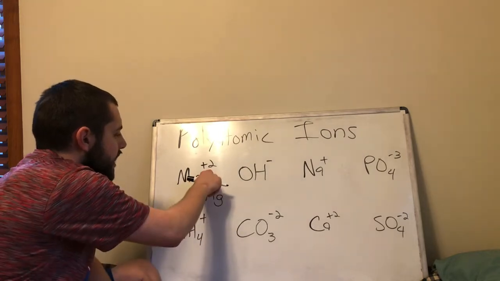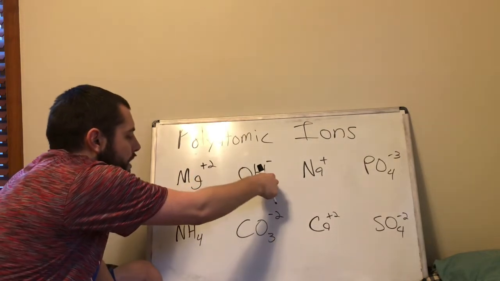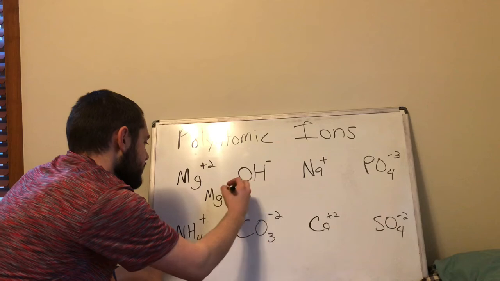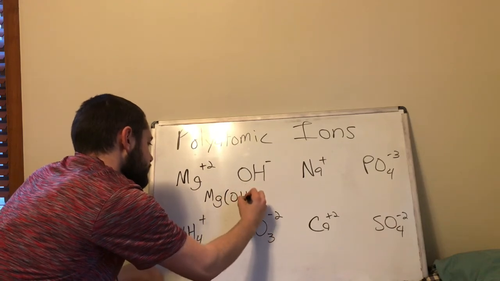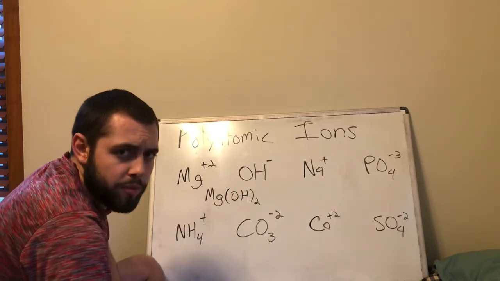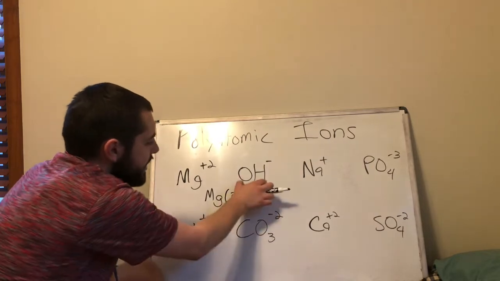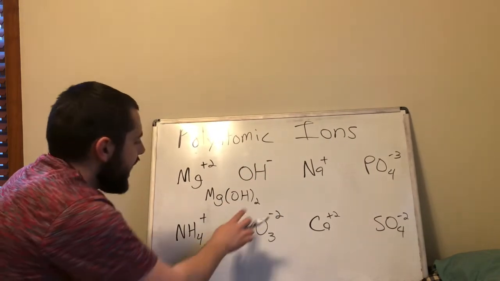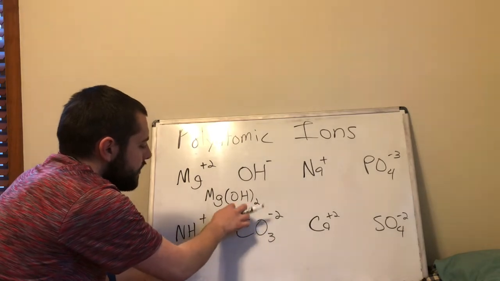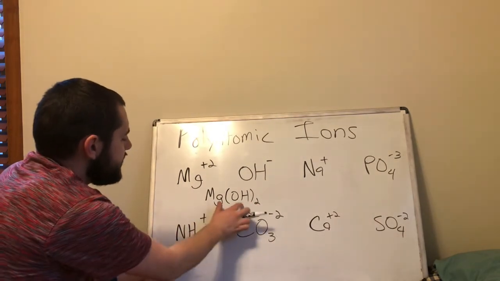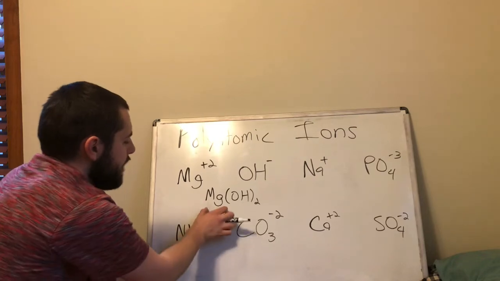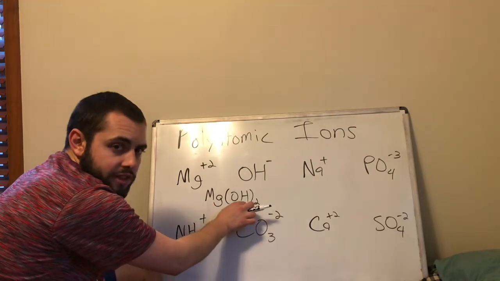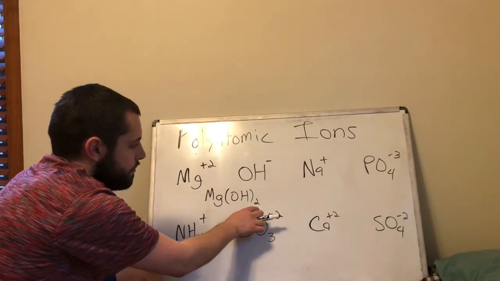And then this charge of a 2 will become the subscript for my hydroxide. Just remember to put it in parentheses. We're treating it like it's one particle. If I'm treating it like it's one thing, I need to make sure I've got 2 of both elements. So magnesium hydroxide is going to be Mg(OH)2.